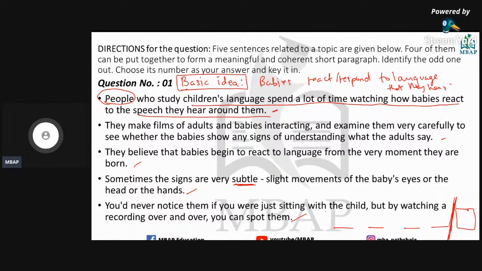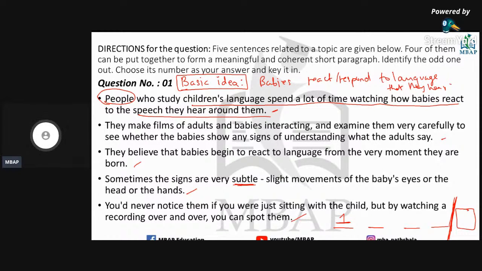So, the moment I read all the five sentences, I realize that statement one is the only sentence among the lot which appears to be a very good opening sentence for my arrangement. So I am going to say that the arrangement starts with one, which says people who study children's language spend a lot of time watching how babies react to the speech they hear around them.